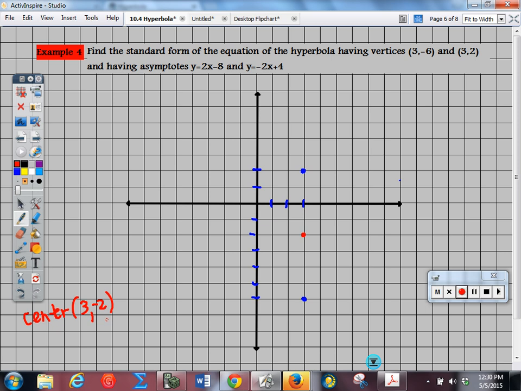But really, I can go up 2 over 1, up 2 over 1, up 2 over 1, right? Isn't that just a slope of 2? And it ends up going through here. Down 2 over 1, down 2 over 1, down 2 over 1. I mean, that really is -8. So I could have gone to -8 and did rise over run. Either way, I can do it that way or through that point. So this is my asymptote right here.